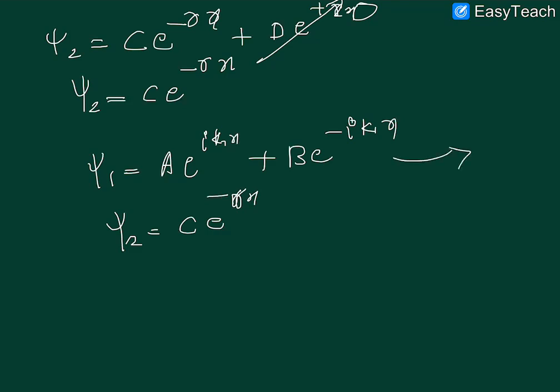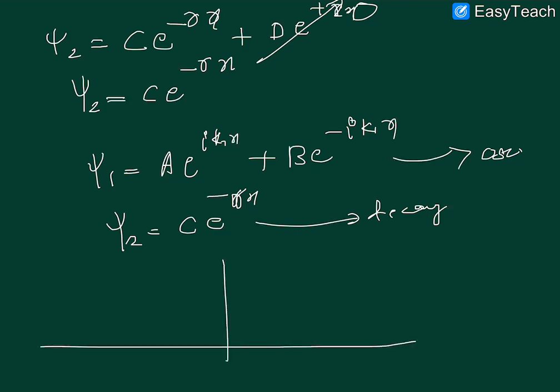Now this is an oscillatory form, and this is a decaying form of wave function. So with a very rough plot, the wave function would look something like this.